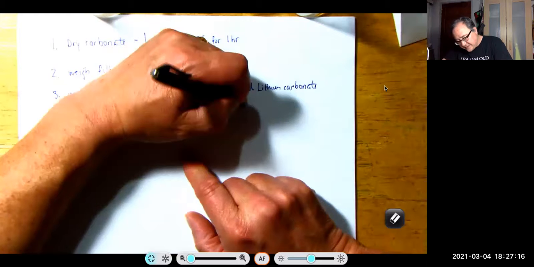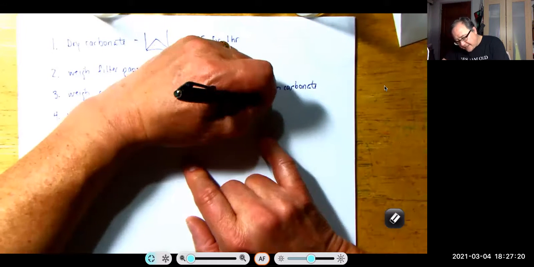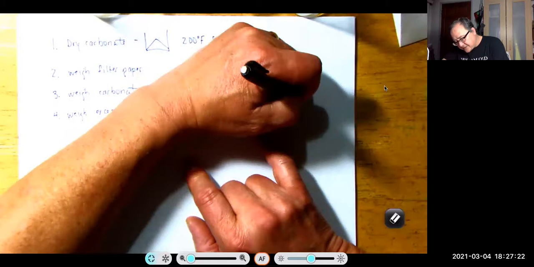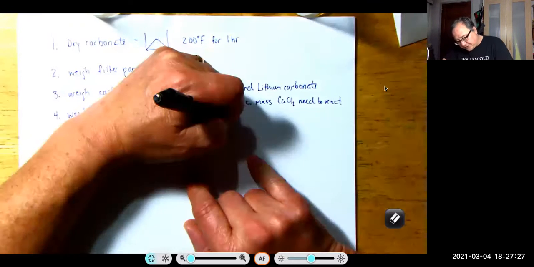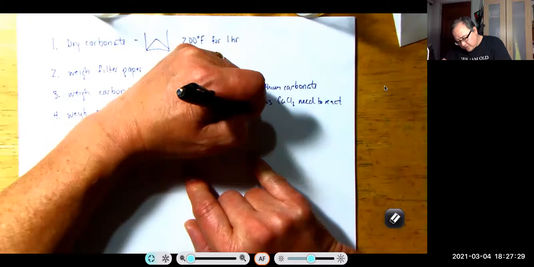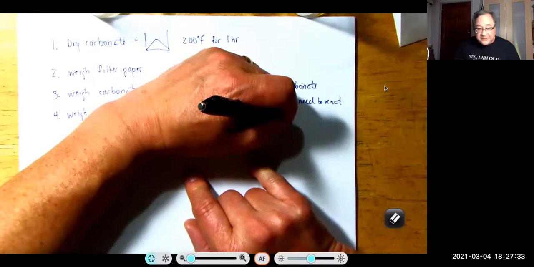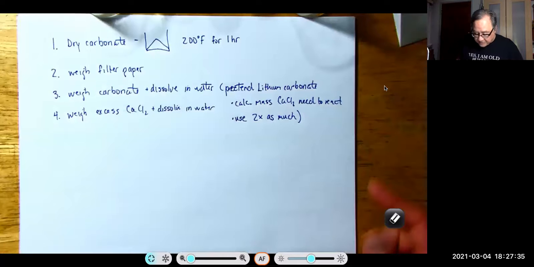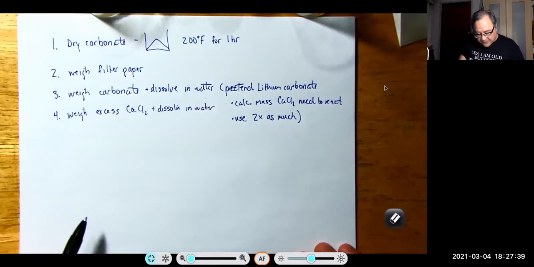Calculate the mass of calcium carbonate needed to react, and then use twice as much. And that X means times. Use 2 times as much. Okay, so that's how you figure out how much of this stuff to use.